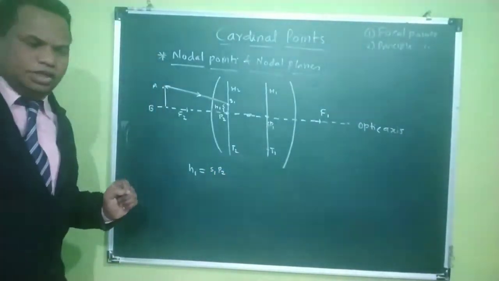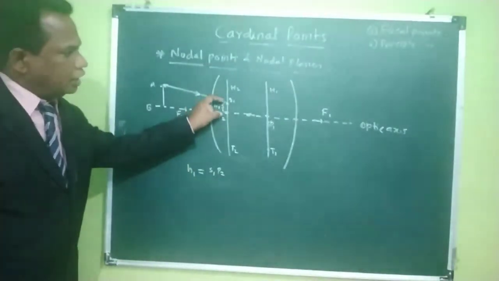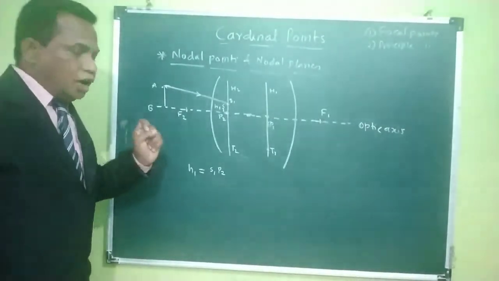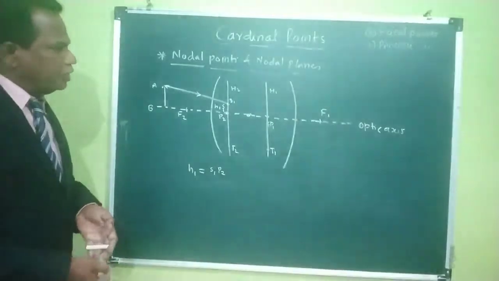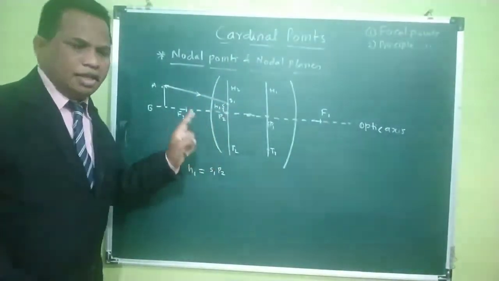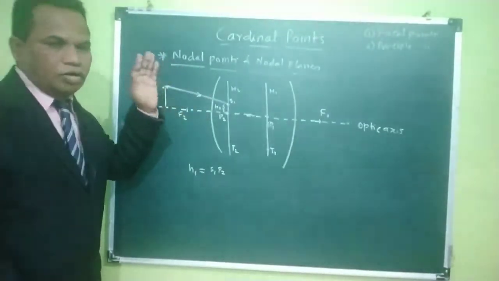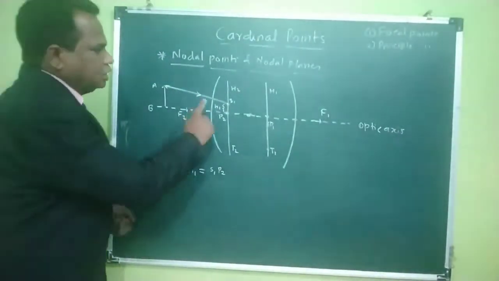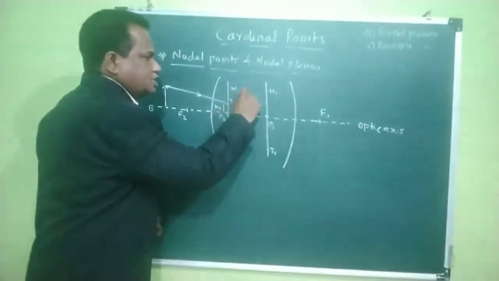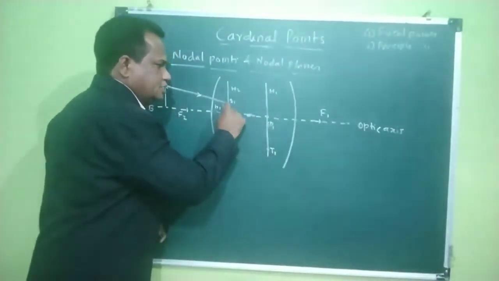This is the height of the incident ray. Now, will it go in the same direction? No. What is the property of the principal plane? If some ray is incident on the first principal plane, then its emergent ray will start from the second principal plane at the same height.